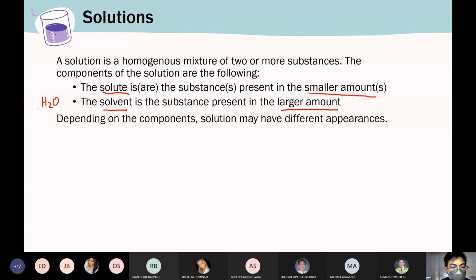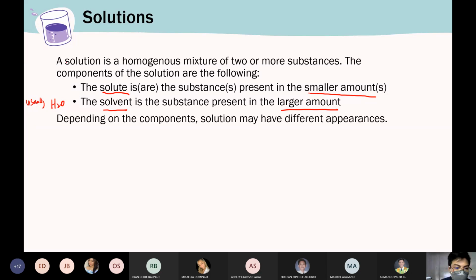Why water? Because that is what we use for mixing. That's why we say in chemistry, water is the universal solvent. Although you can use other solvents, like alcohol. So, it depends. But mostly, it's just water.